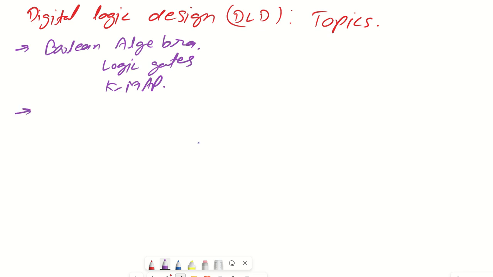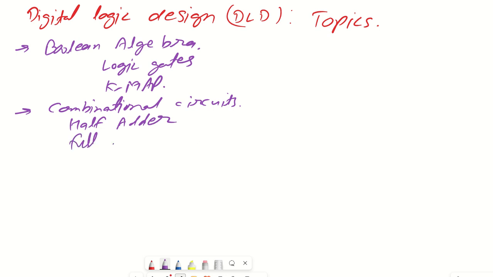Then the very good topic is combinational logic or combinational circuit. In that we will be seeing, let's say, half adder, then full adder. Then we will be seeing multiplexer, then demultiplexer.